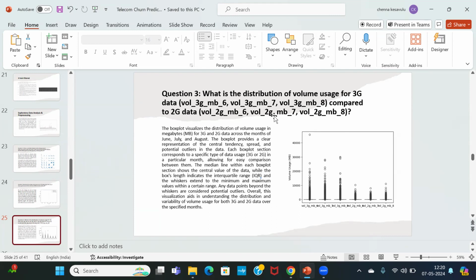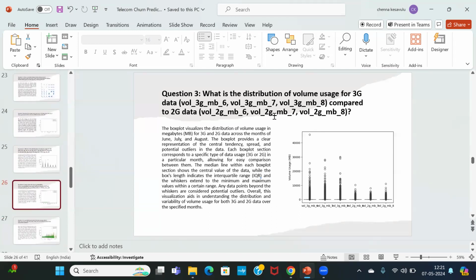Each box plot section corresponds to a specific type of data usage in a particular month, allowing for easy comparison between them. Overall, this visualization aids in understanding the distribution and variability of volume usage for both 3G and 2G data over the specific months.